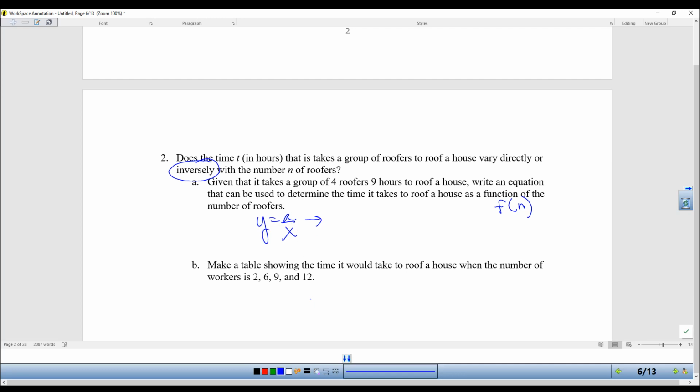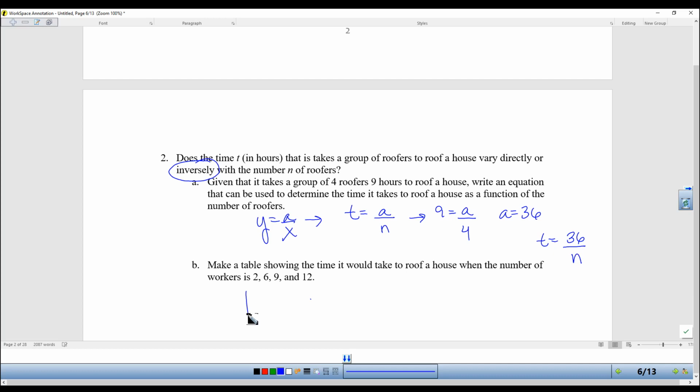But in this case, I want to change that to the time is equal to a over the number of roofers. So I put in the one that I was given. I was given 9 hours is a over 4. And I can multiply that to find out that A is equal to 36. So the time is equal to 36 divided by number of roofers.